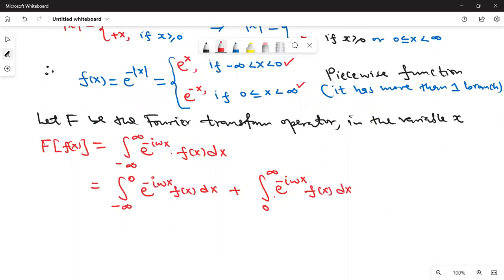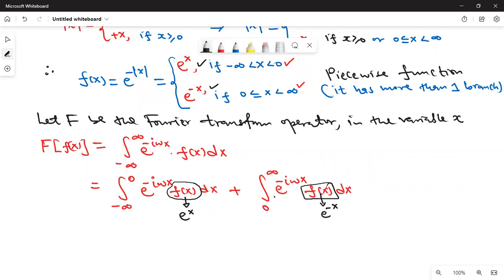So you need to ask yourself, what is the value of f of x in each of those partitions? In the first partition, our f of x is exponential x. In the other partition, our f of x is exponential negative x.